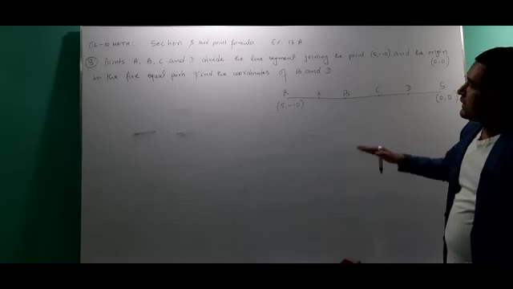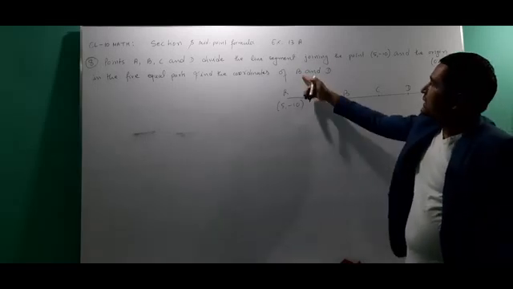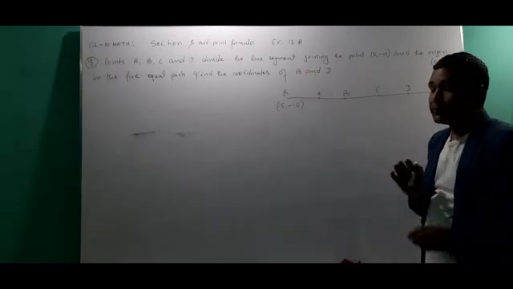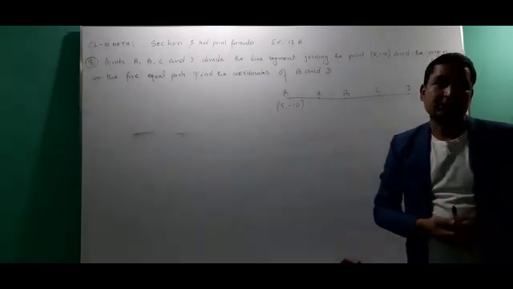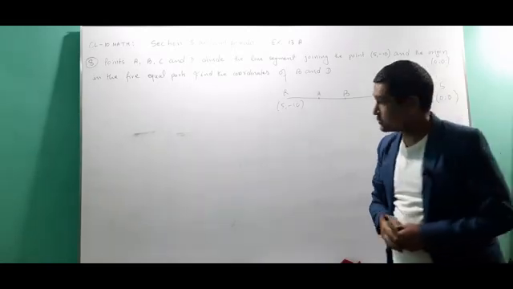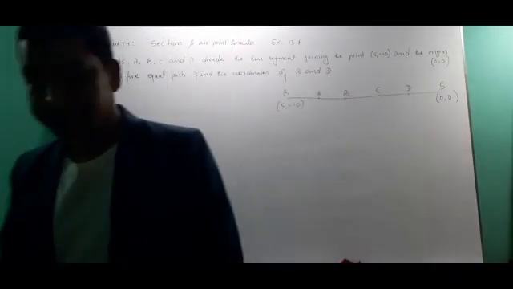Now the question asks to find the coordinates of B and D. To find the coordinates of B and D, we need the ratio, and the ratio is very important to get.